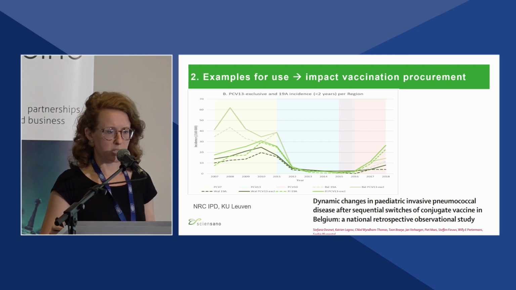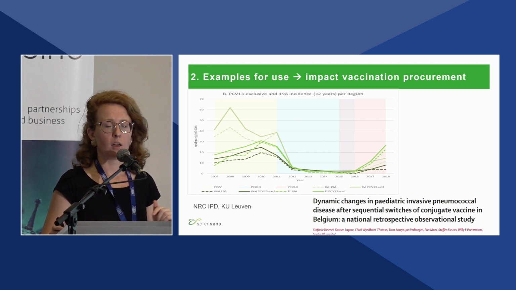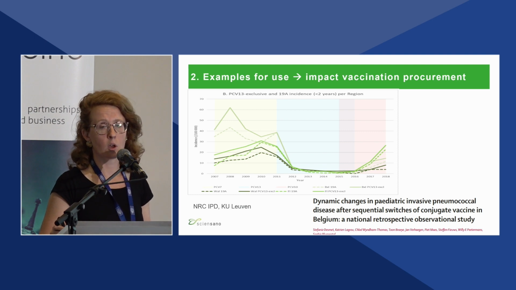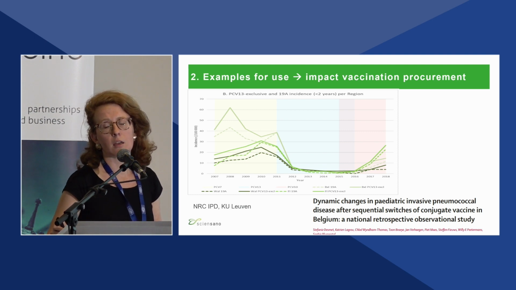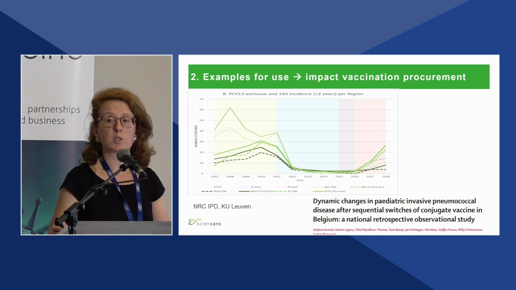And so there was an initial shift from PCV10 to PCV13, but then back to PCV10. Only we noted in the genomic surveillance data done by the National Reference Center that this switch went along with a steep increase in IPD cases caused by serotype 19A, and that then prompted us to switch back to the higher valent vaccine.